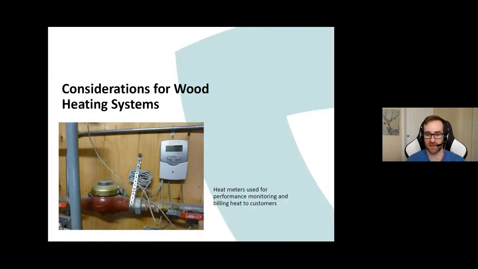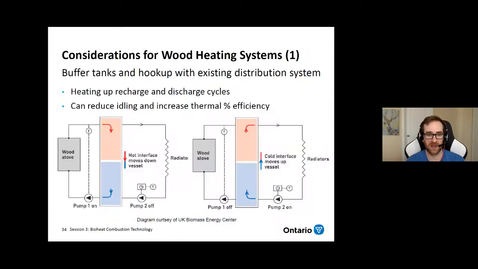So there's a couple of other considerations for the heating systems. The first one I've talked about is buffer tanks, and something quite new here in North America, their use. Essentially, it's just the way that they're hooked up to an existing heating system. It has to be carefully considered because it does have an impact on the combustion and the thermal efficiency, because it does reduce idling.